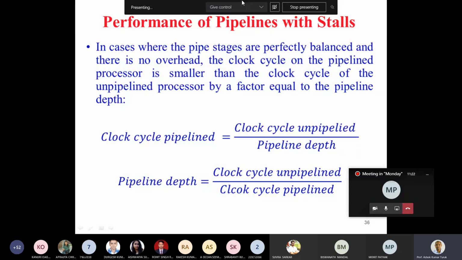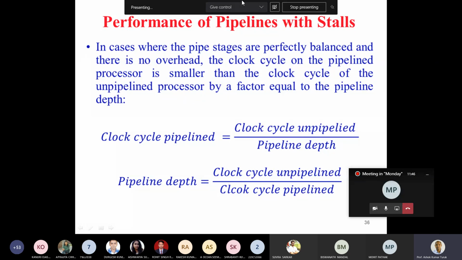For that, we have to assume that the stages are perfectly balanced and there is no overhead. Now, where does the overhead in a pipeline come from? The overhead in a pipeline comes from the pipeline registers. So we assume the stages are perfectly balanced and there is no overhead.